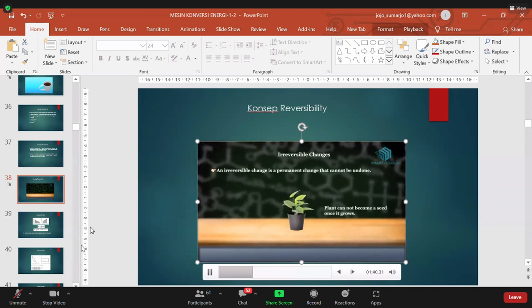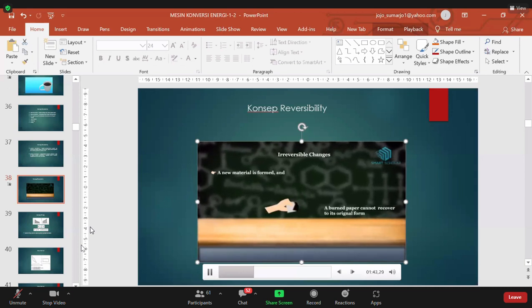Nah, irreversible dan reversible itu. Nah, ini irreversible.